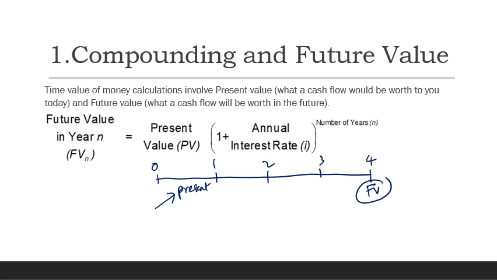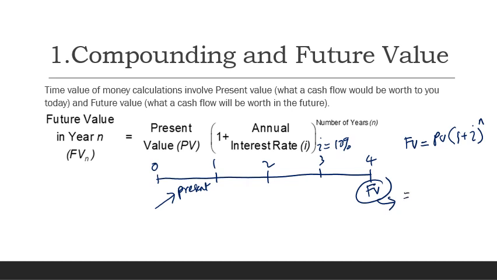In this case, for example, the interest rate is 10%. n will be 4. So future value is PV, present value, multiplied by 1 plus i to the power of n.